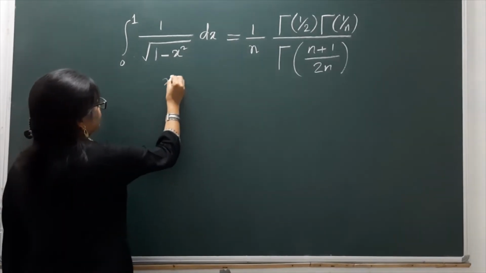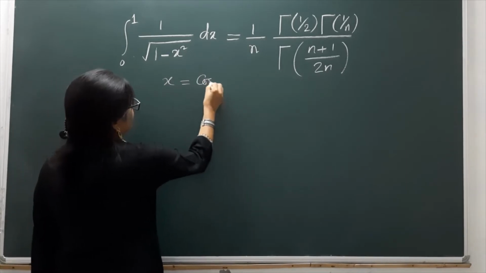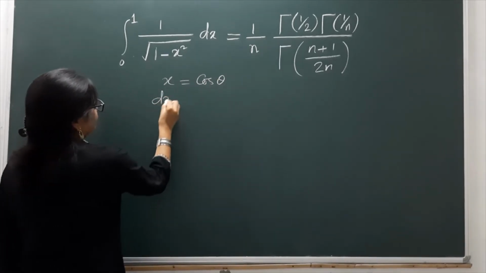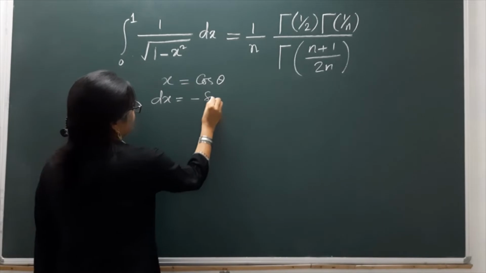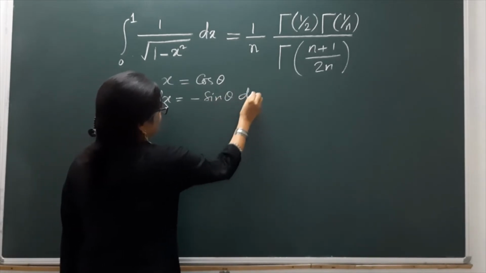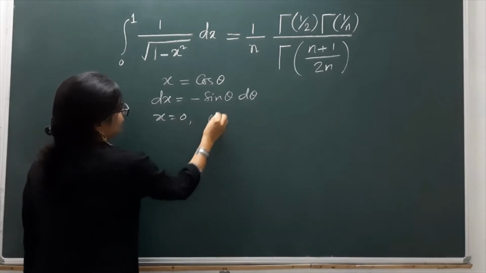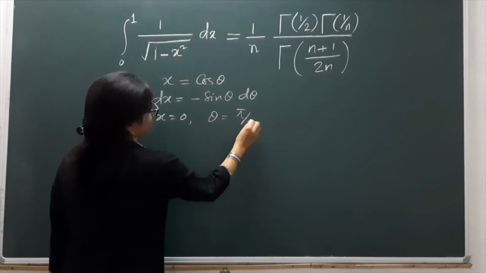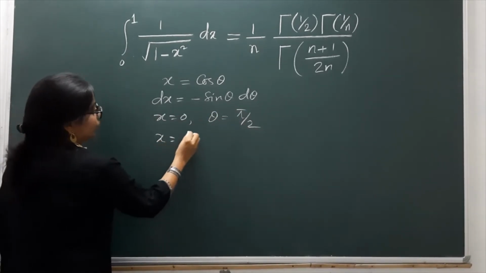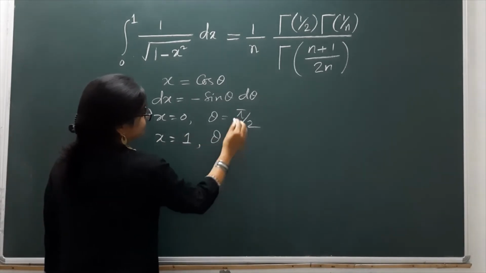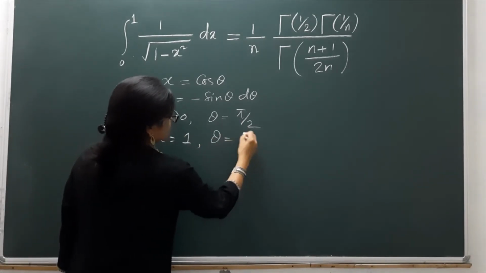Say x equals to cos theta, dx equals to minus sin theta d theta. When x equals to 0, theta is pi by 2. When x equals to 1, theta is 0.